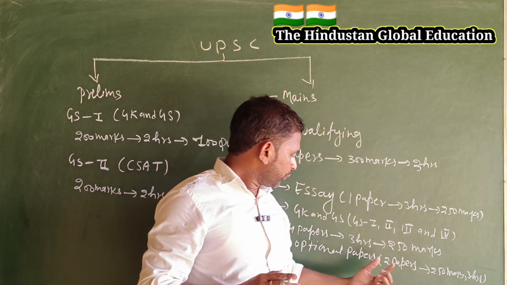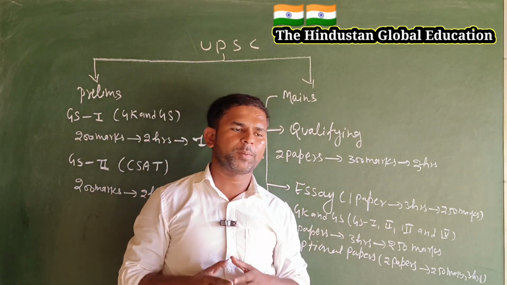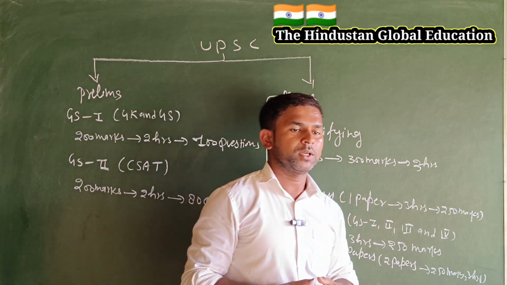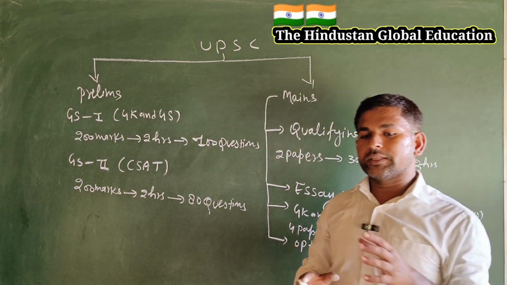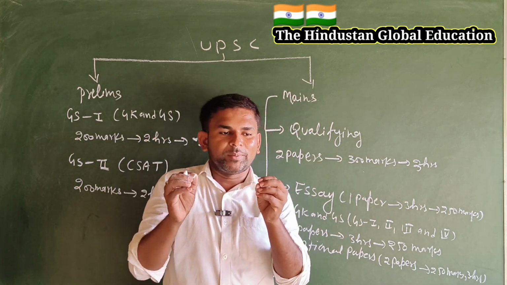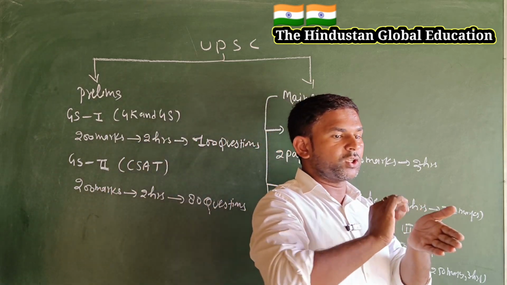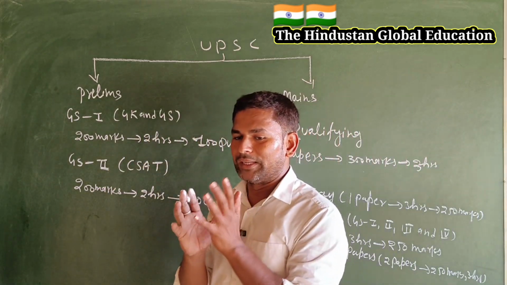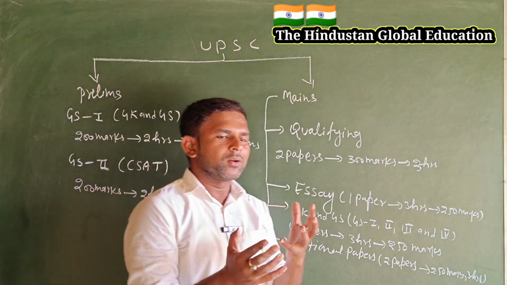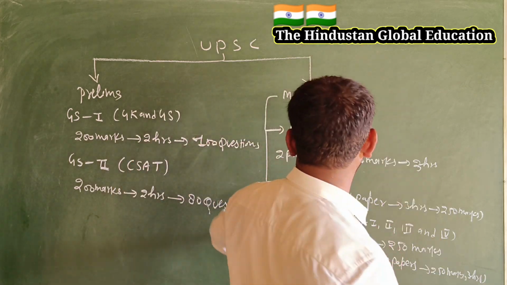So overall, 2 papers, 4 papers, and 2 optional papers, 9 papers in total, and you will face all of these as descriptive papers. It means writing, theoretical papers. No problem, don't worry, God is there, I am here, so don't fear, my dear, okay.